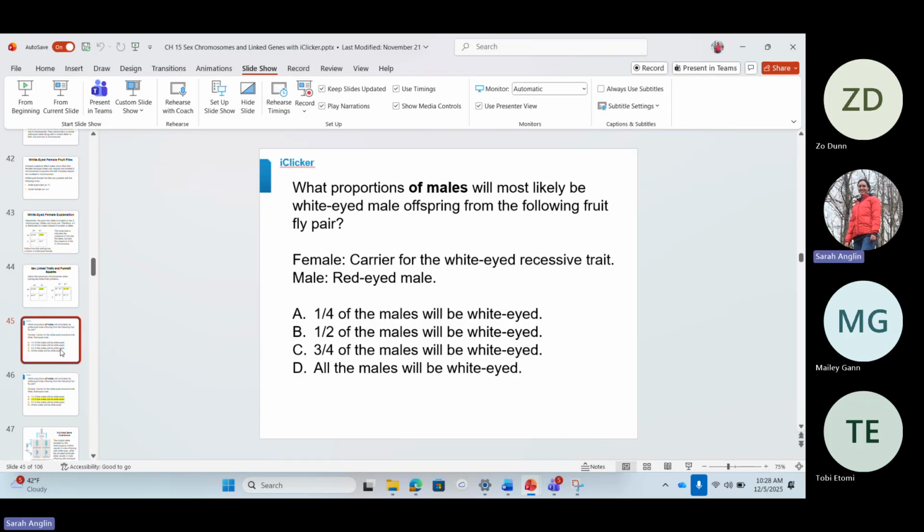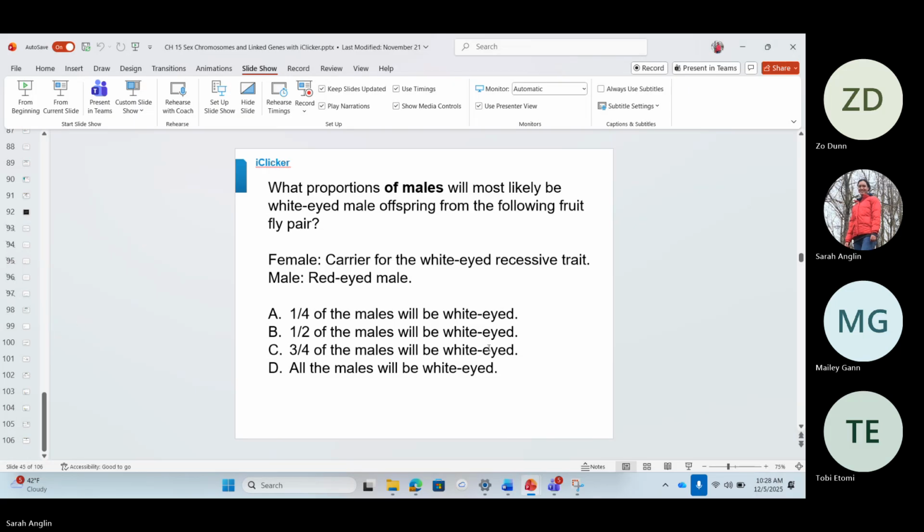Okay, this is a good one to practice. Let's see if we can all get the answer to this one. We're looking at what proportion of male offspring will most likely be white-eyed from the following fly pair. Now remember, the color of eyes for fruit flies is controlled by a gene on the X chromosome.